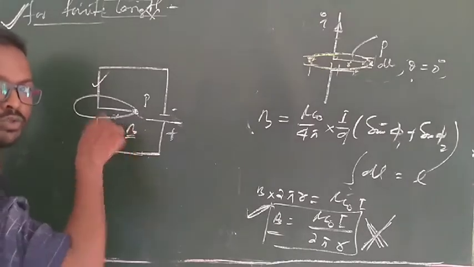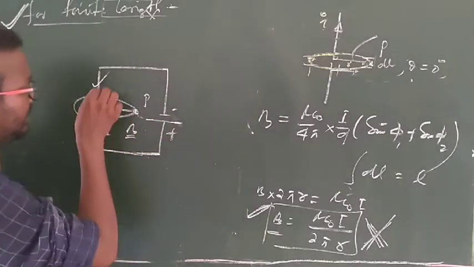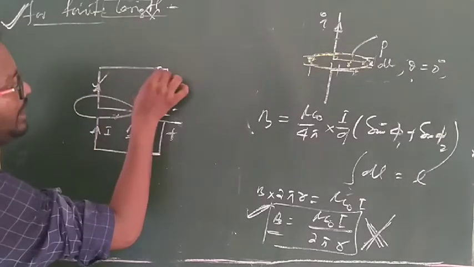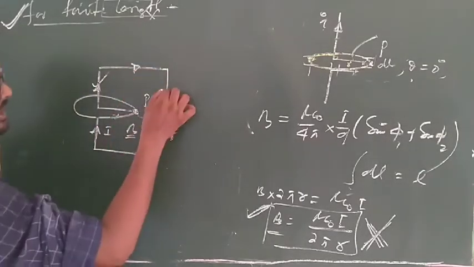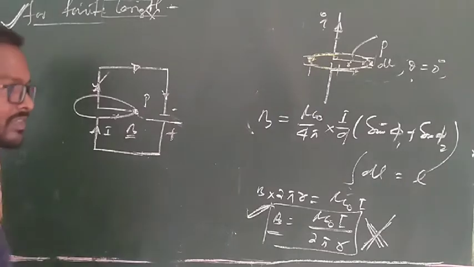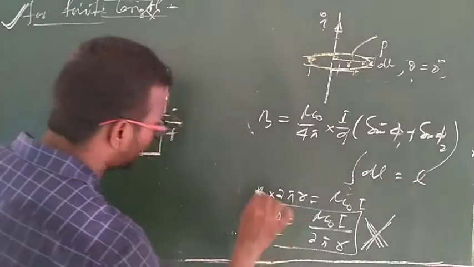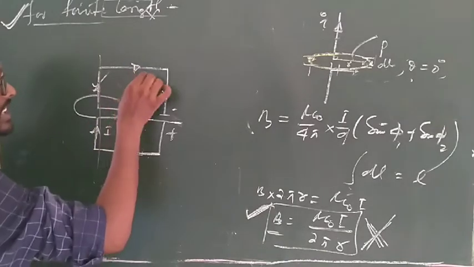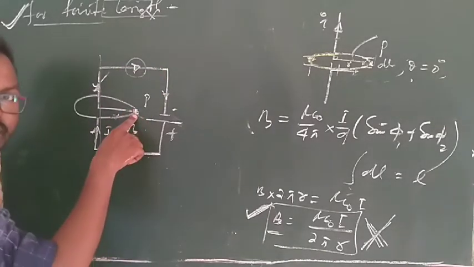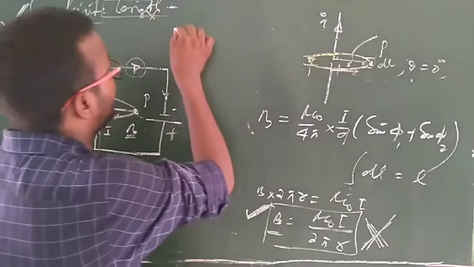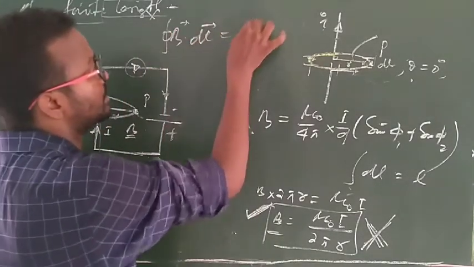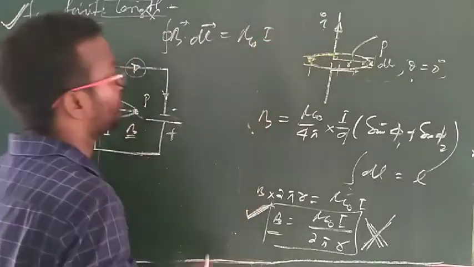B net due to all the current within the Amperian loop and outside it, following the direction of flow of current. Clear? In this case, we imagine only this current element, which is nearer to point P. So that is B dot dl, that is mu naught times I.